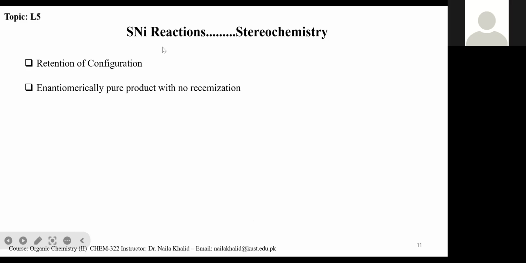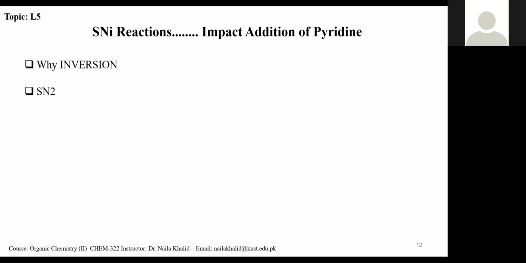and SN2, because like SN1, there is no racemization. You will get enantiomerically pure product. And in SN2, there is inversion of configuration, but in case of SNi, you will observe retention of configuration only.